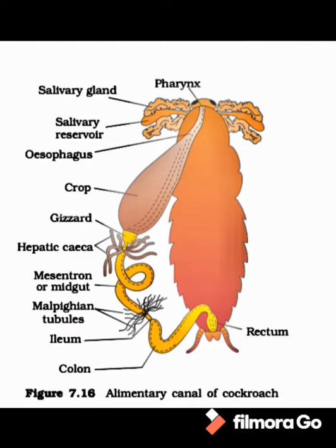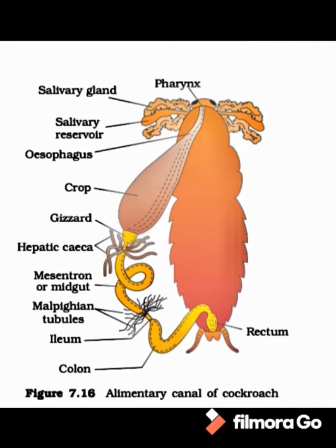Malpighian tubules are excretory structures which collect nitrogenous waste from the surrounding hemolymph, convert it into uric acid and pour this into the ileum. In the ileum, undigested food material is present. So, with the undigested food, this uric acid is also removed outside through the anus.